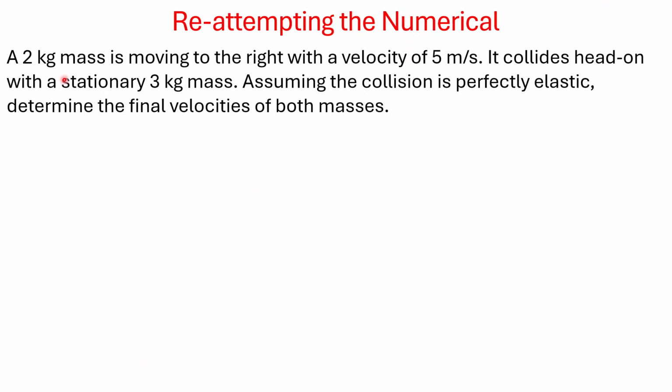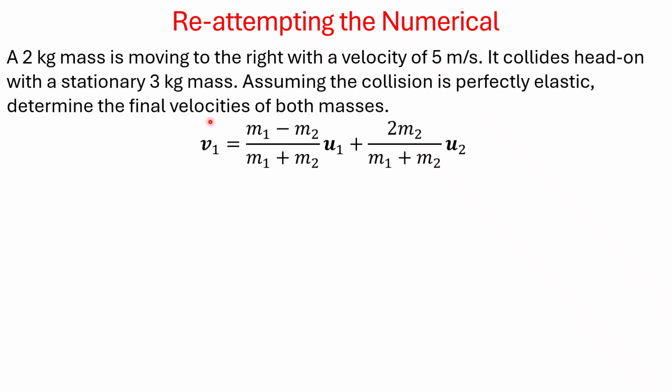Here we shall reattempt the problem where m1 is 2 kg, u1 is 5 meter per second, m2 is 3 kg, u2 is 0, and we have to assume the collision to be perfectly elastic to find v1 and v2.